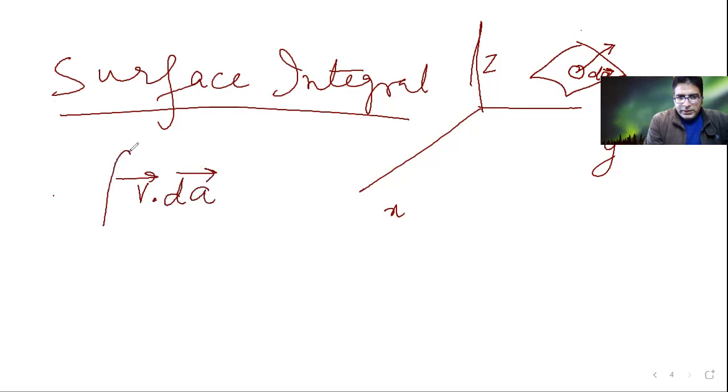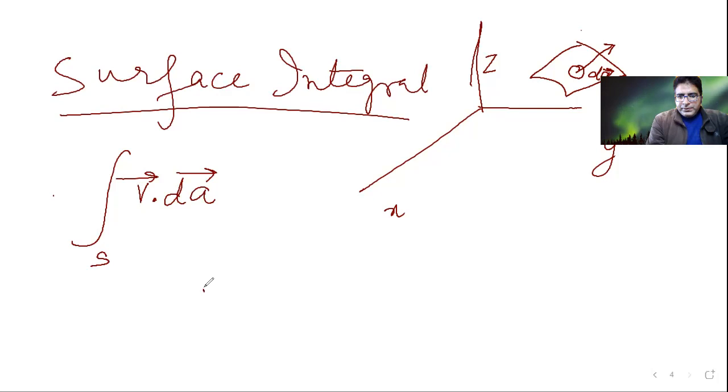Then I integrate it over the surface S, that means I integrate it over the surface to which we are constrained. We get the surface integral of the vector field.